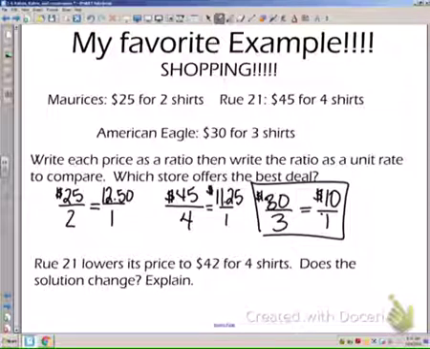Let's assume that Route 21 is running a sale, and it says they are now offering their 4 shirts for $42. Does my solution change? Let's look and see. What is 42 divided by 4?